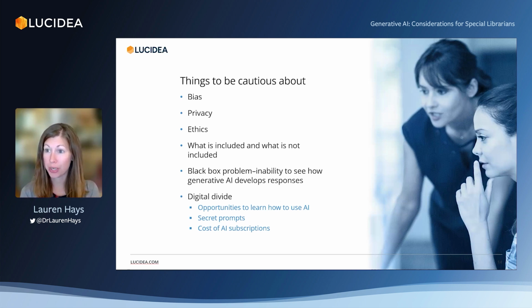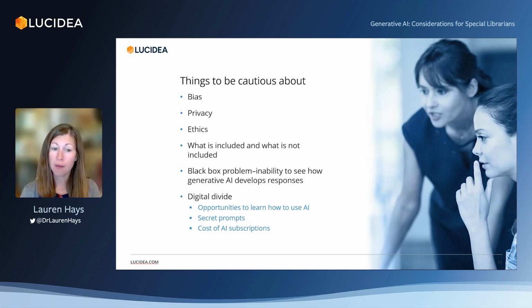So you can't recreate those steps. And that can be a bit concerning, especially as generative AI starts giving suggestions for anything really. That black box problem is something to be cautious about because you don't know what data it's pulling from to give you that response. And then the digital divide.